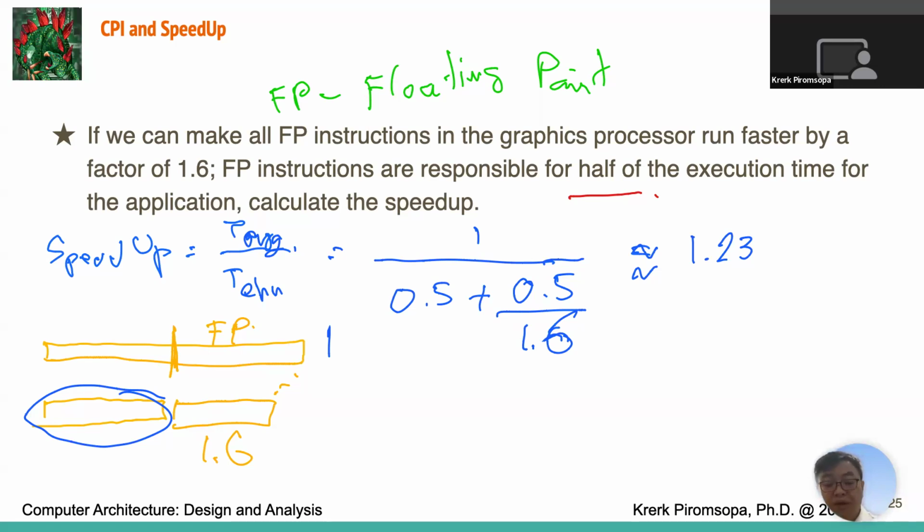And that's why we call it the law of diminishing returns. You see, our GPU is 1.6 times faster. We only got 1.23 speedup. The GPU itself is 60% faster, but the overall speedup is only what? 23%.